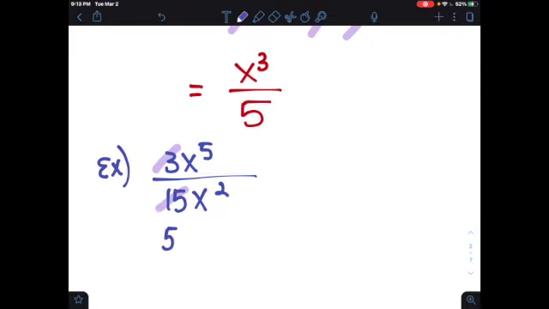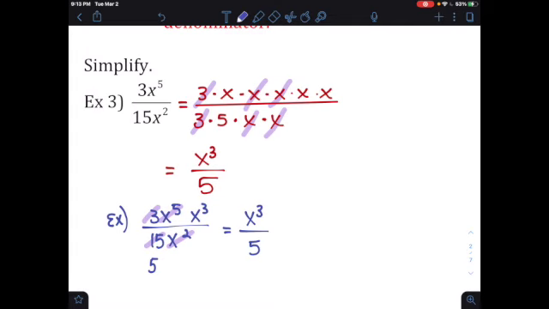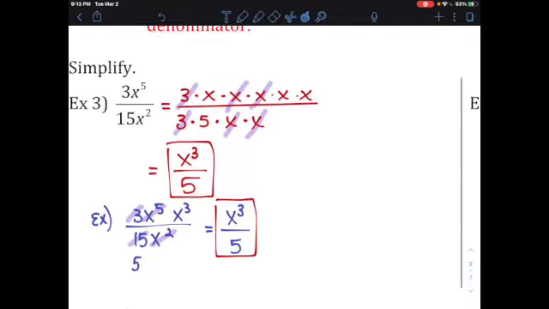Which has a bigger one? Well, you know that the 5 is bigger. So that's going to be x to the third power left on top. And then you can just write it down. So that's just going to be x to the third over 5. But some sort of work should be showing. On the simple one, this is okay, but as the problem gets harder, that is not going to be okay. So that's example number 3.